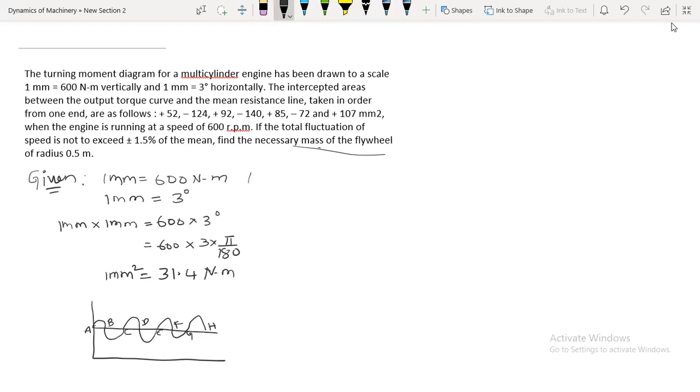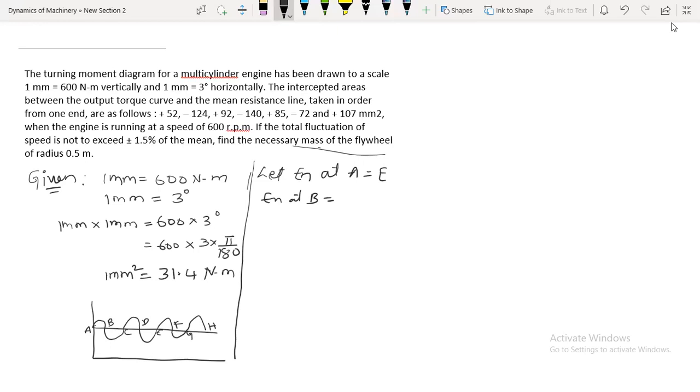Before finding delta E, let us assume the energy which is available at A is equal to E. The total energy available at A is E. Then the energy at B will become E plus 52, because the energy at B is plus 52.